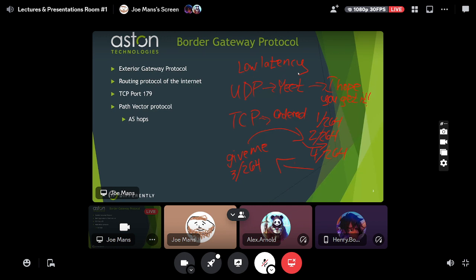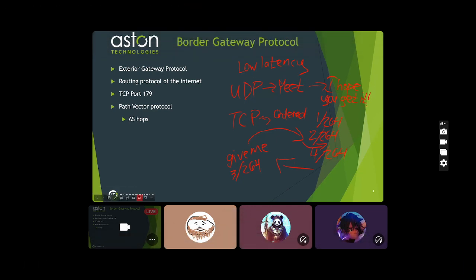Okay. And then the last thing with BGP is that it is a path vector protocol, like EIGRP. Only instead of measuring individual routers as a hop, it instead measures entire autonomous systems.